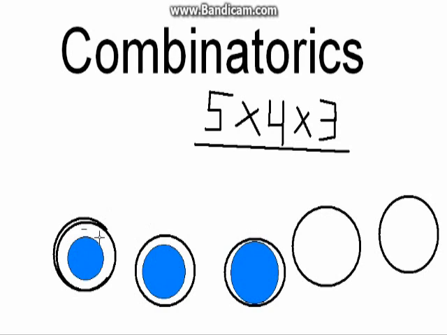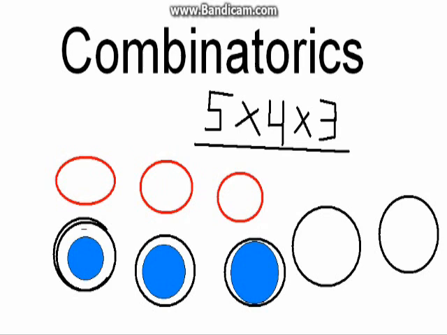Now, what's the amount of ways these balls can rearrange themselves? Well, this first ball here has 3 different places it can go into. So we're going to write 3. Okay, but then this second ball will then only have 2 different spaces it can go to.